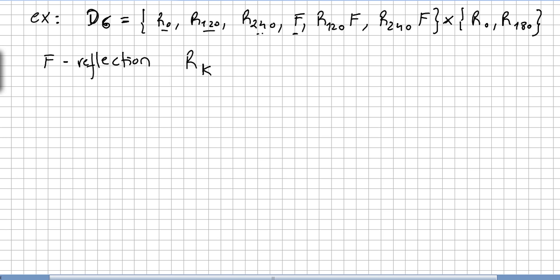Okay, rotation 0, 120, 240, etc. So D6 is the product of rotation 0, rotation 120, rotation 240, reflection, rotation 120 times reflection, rotation 240 times reflection, external, or in this case internal product, by rotation 0 and rotation 180 degrees. Okay, I said external before, this should be read internal.